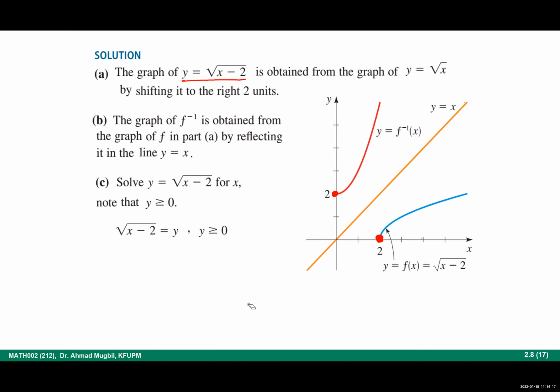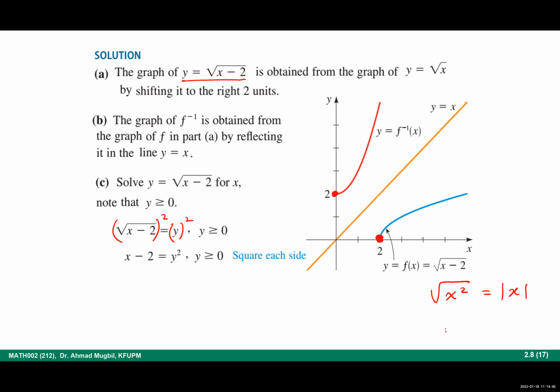Then we will solve it for x. We will square both sides. When we square both sides, there is no absolute value here, no positive or negative. Why? Please pay attention, guys, because this is also a common mistake some students make. The square root of x squared is the absolute value of x.